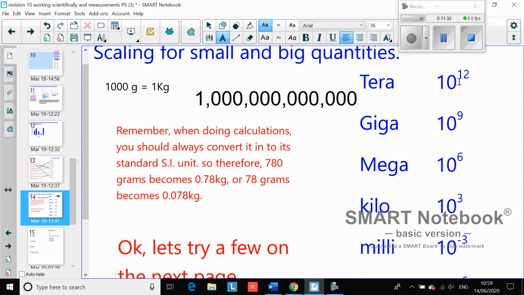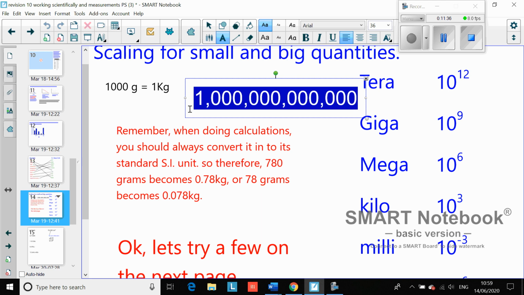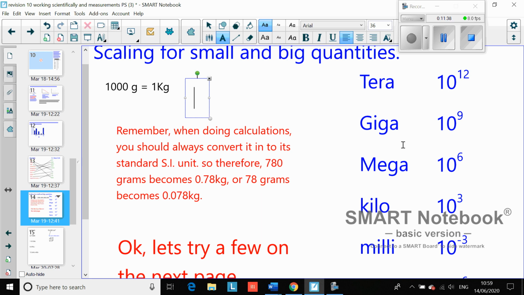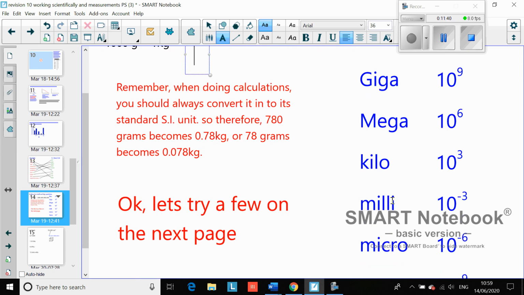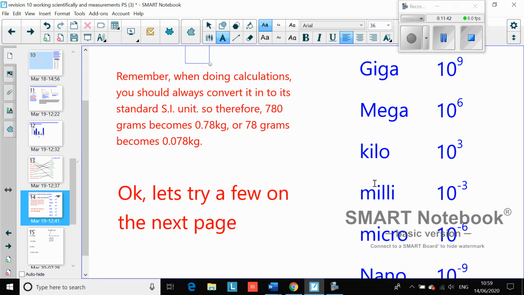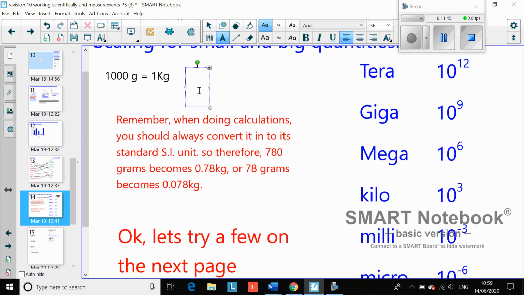Okay, so these numbers can also go the other way, not just very big numbers, but also very, very small numbers. So say, for example, milli. Okay, you will have come across possibly millimeters. Remember, there's 1,000 millimeters in 1 meter. So that would be 0.001.